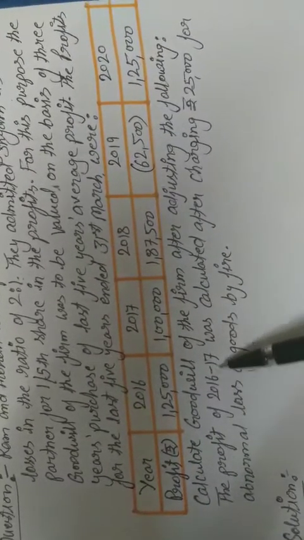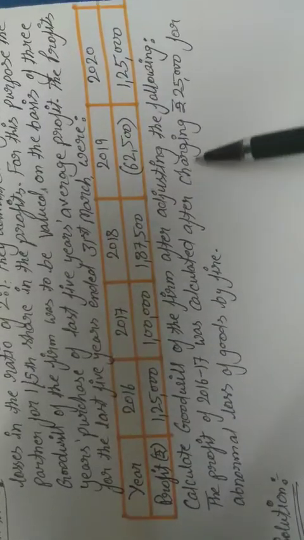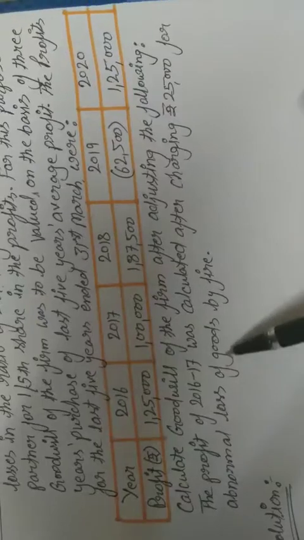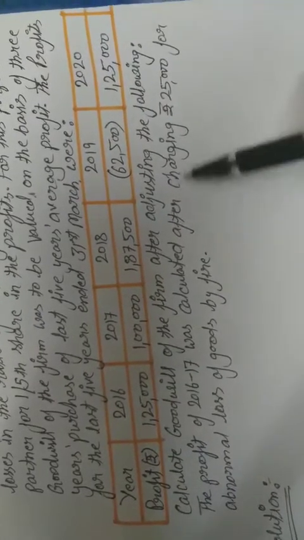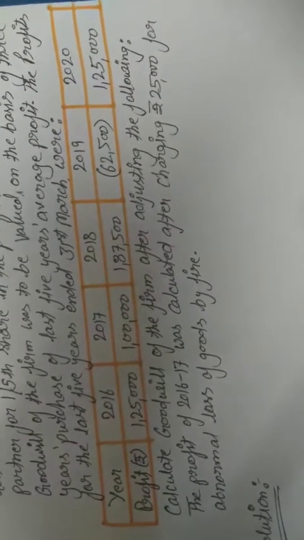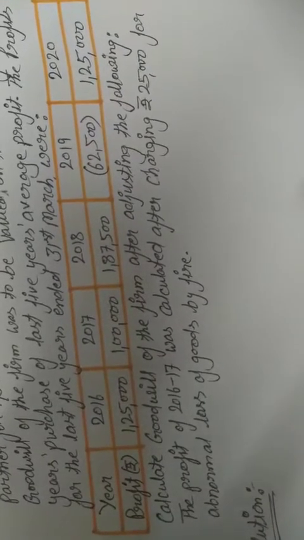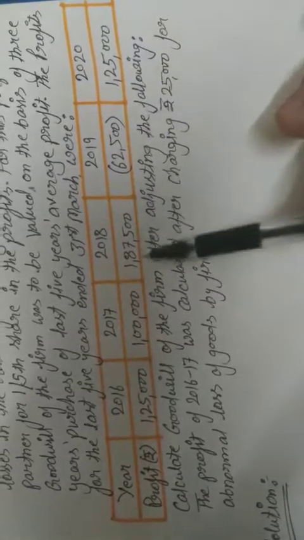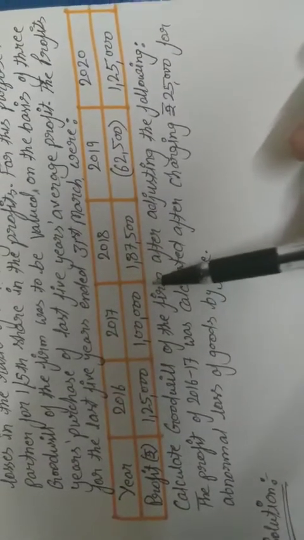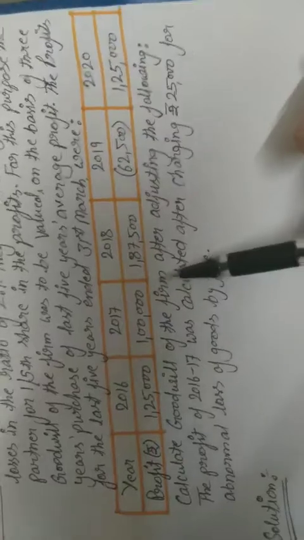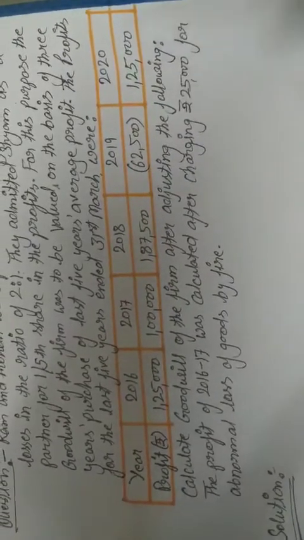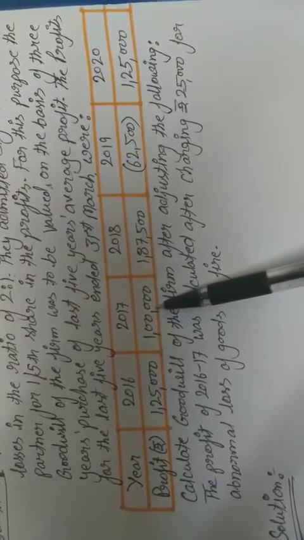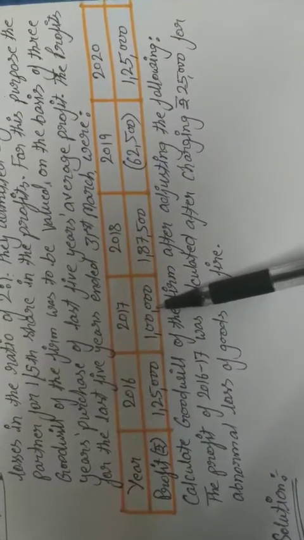So the profit of 2016-17 was calculated after charging rupees 25,000 for abnormal loss of goods by fire. Abnormal loss is not an operating loss or operating gain. It is not an operating activity, but we need the operating profit. So that's why this loss is already subtracted from 2017, and it should not be subtracted from this.